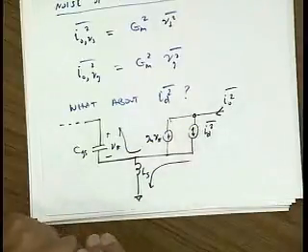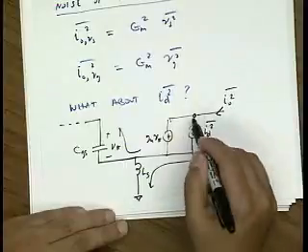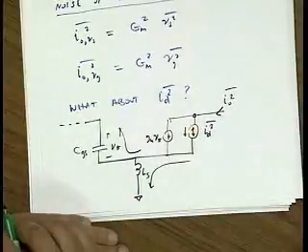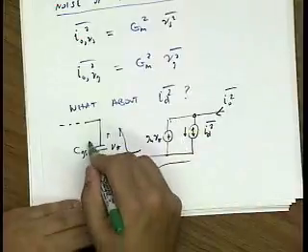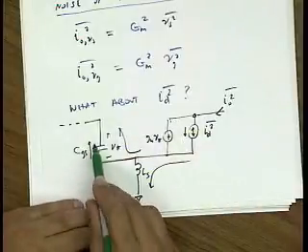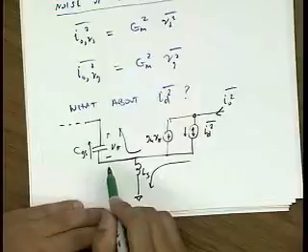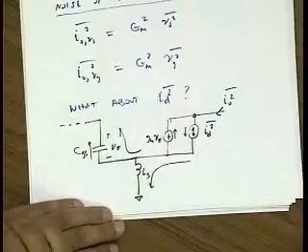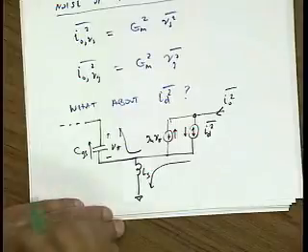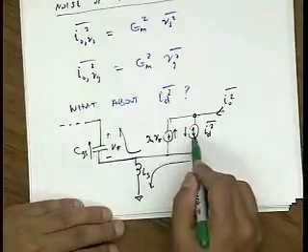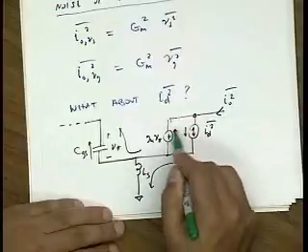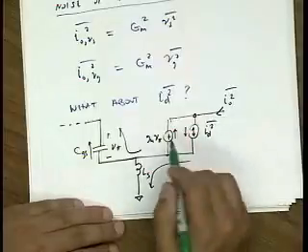But a little more careful thought shows that if we assume that initially this current is going down, and that current flows here, it generates a negative VGS. That would produce a current perhaps of opposite phase, which means that not the entire I drain will flow to the output. Some of it will actually flow into this GM generator.